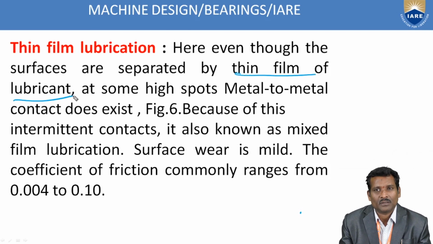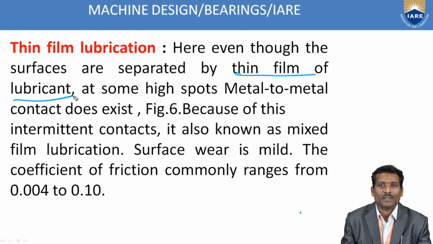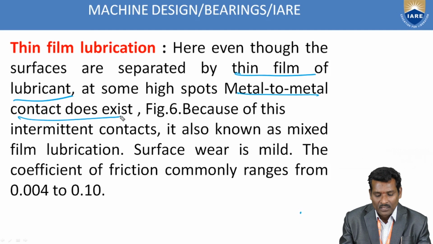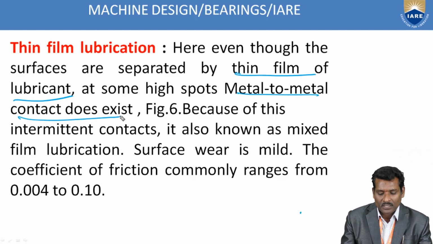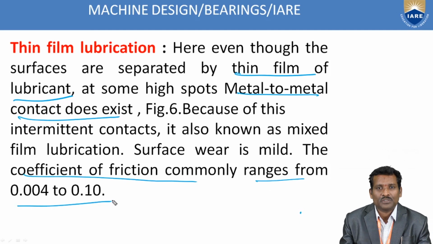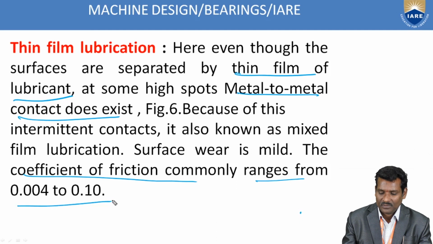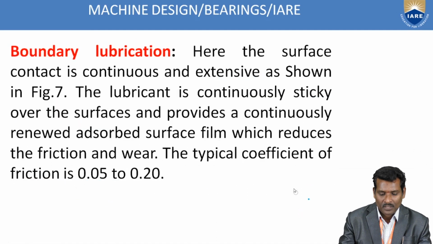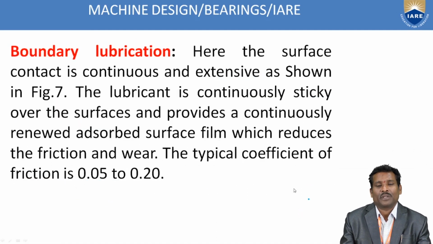So it means some high spots of metal to metal contact do exist. In this, the coefficient of friction commonly ranges from 0.004 to 0.10. So when compared to thick film lubrication, this value is somewhat high. Next, the last one, boundary lubrication.